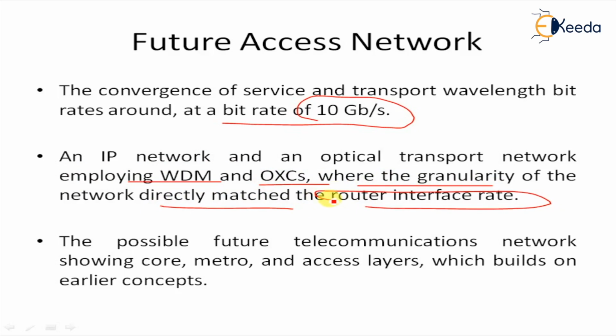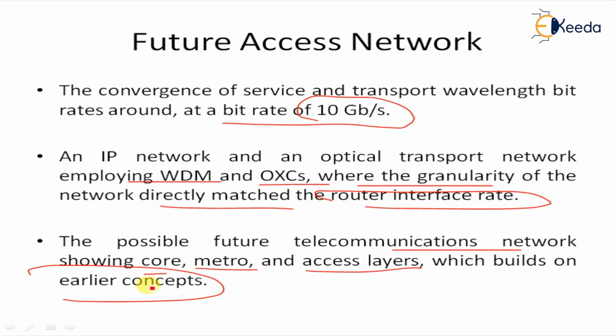In this case, an interface is also provided between these two networks, in terms of capacity and applications also. The possible future telecommunication network shows core, metro, and access layers, which builds on the earlier concept. So this provides a core network component, a metro optical network, and different access layers also using the optical layer. They provide some of the basic parameters.